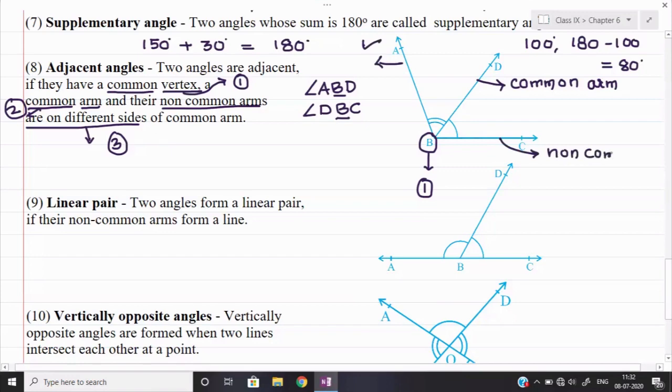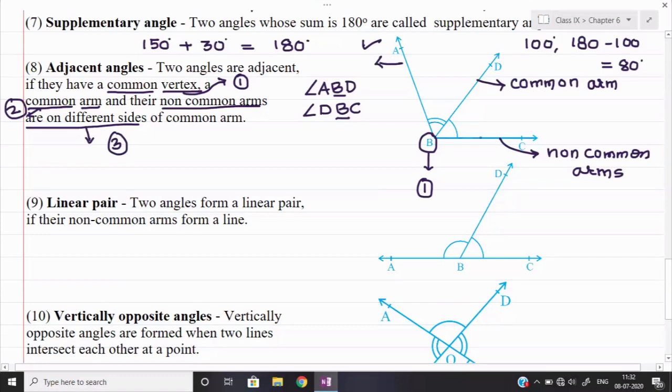So these non-common arms lie on different sides of the common arm. Sorry, I wrote the spelling wrong. Arms. Here we can see that this is one non-common arm BC and the second one is AB. So they are lying on different sides, not on the same side of the common arm.